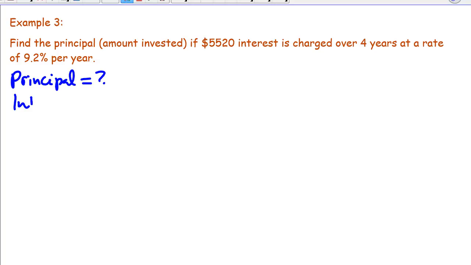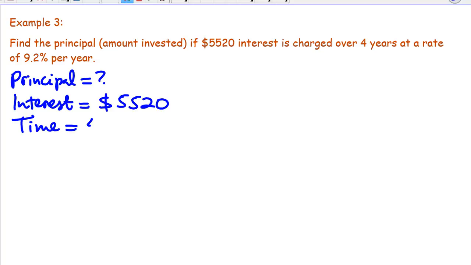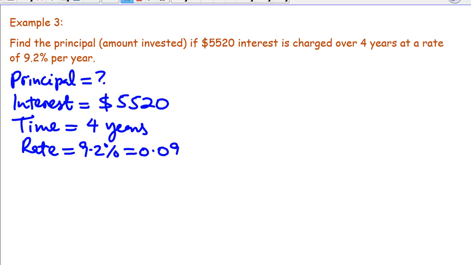The interest is 5520. Time is 4 years. The rate is 9.2%, which is 0.092.